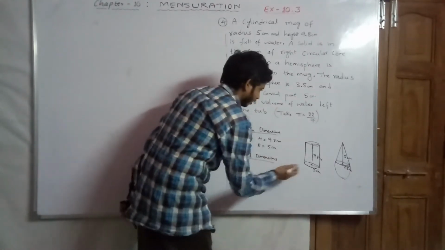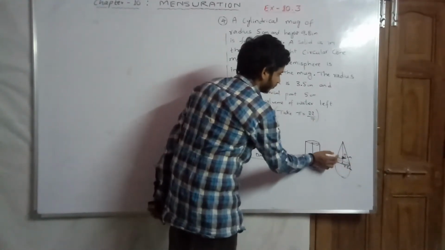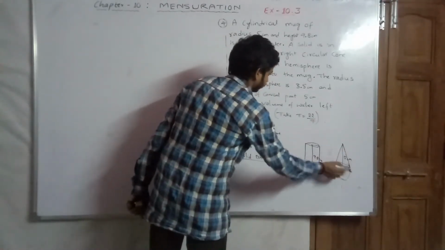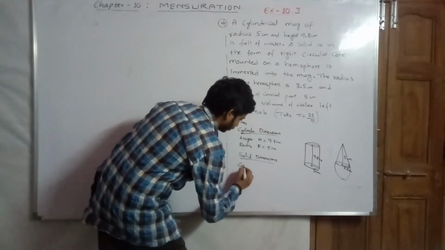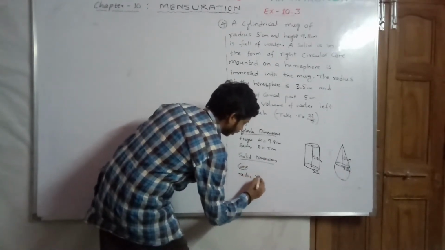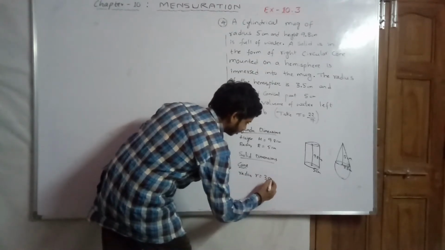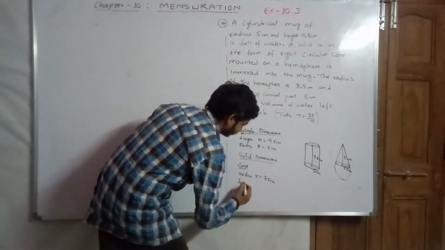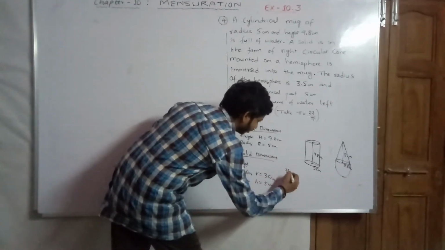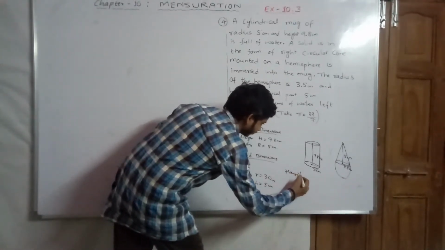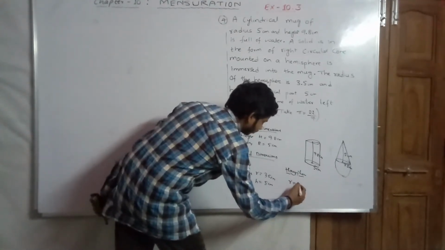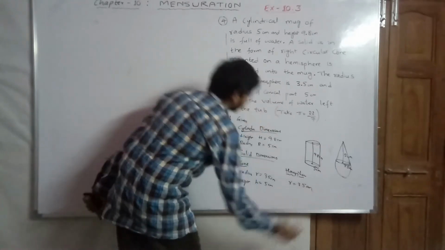The solid is in the form of a cone mounted on a hemisphere, so it consists of one cone and one hemisphere. Cone: radius small r equal to 3.5 centimeters and height small h equal to 5 centimeters. Hemisphere: radius small r equal to 3.5 centimeters.